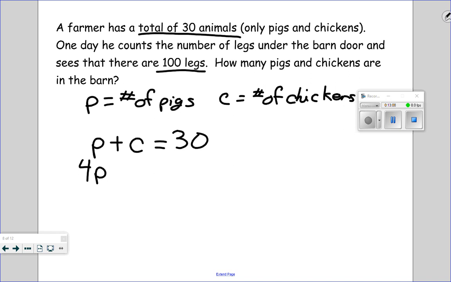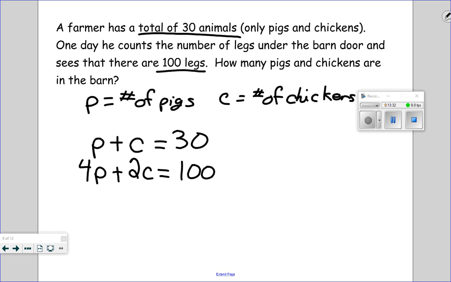Chickens have 2 legs, so I multiply the number of chickens by 2 to calculate how many legs are from chickens. And that total, 4 times pigs and 2 times chickens, should give me the 100 legs that I have in total. So there's my two equations.